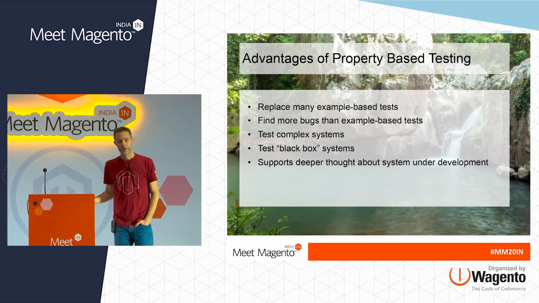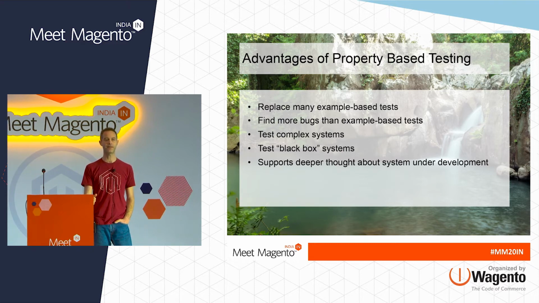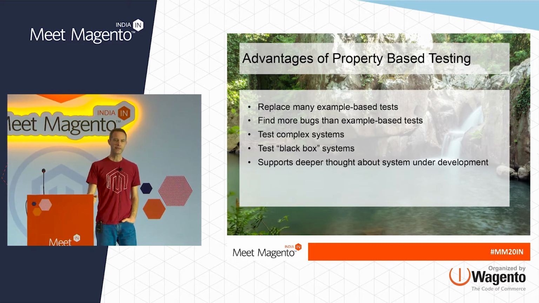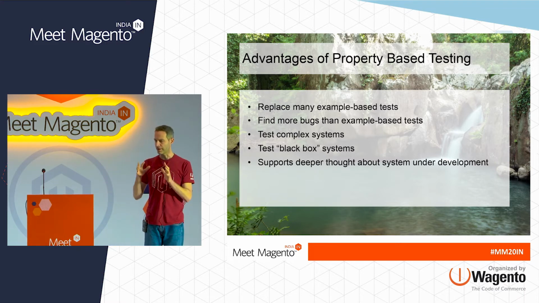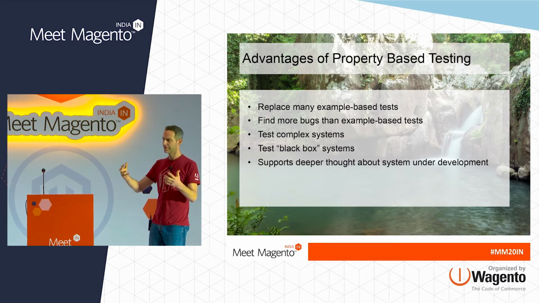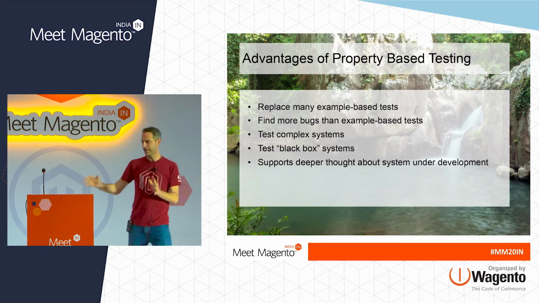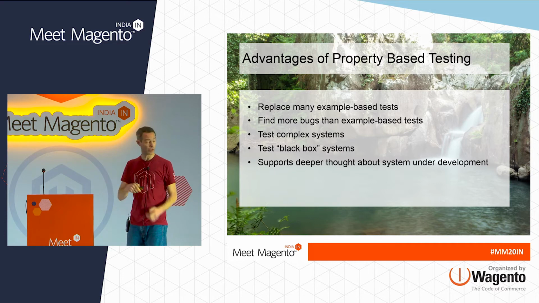And finally, one of the often overlooked benefits of property-based testing that I found very valuable is that writing property-based tests helps me think about the system that I'm writing on a deeper level. And that's been really useful. I believe I've become a better developer just because it trained me in thinking about the problem in a different way. So, let's have a look at a concrete example.